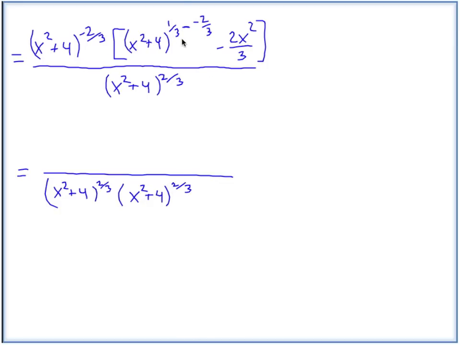Okay, and then moving back up, 1/3 minus negative 2/3 really becomes plus. So 1/3 plus 2/3 is 1. So we're left with an (x squared plus 4) to the first power. And then we have a minus 2x squared over 3.